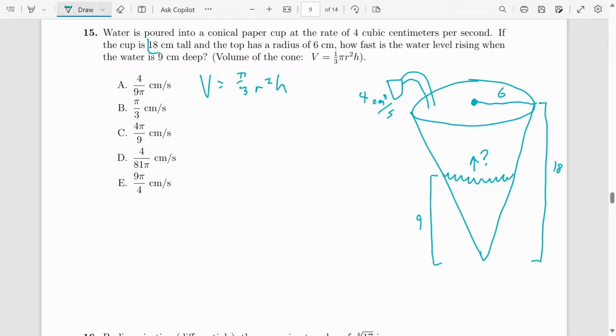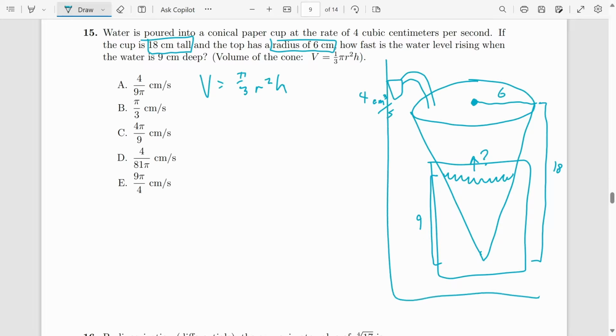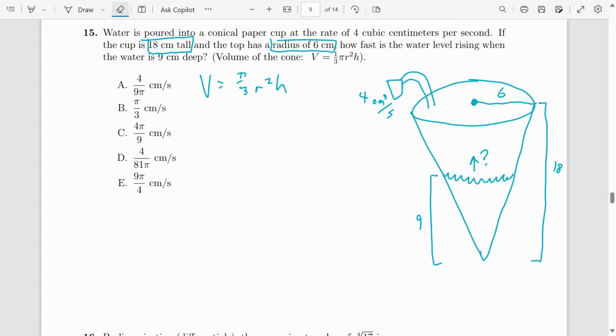Well, if we look at what the original problem says, the big cone is 18 centimeters tall and has a radius of 6 centimeters. And if you also look, this smaller cone that's produced by the height of the water is similar to the big cone, the paper cup. So we can actually use those two pieces of information and make a ratio out of them.